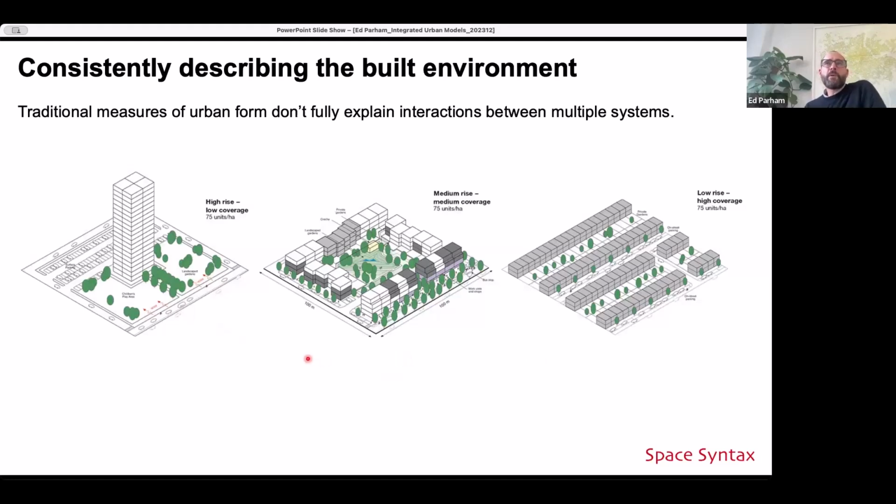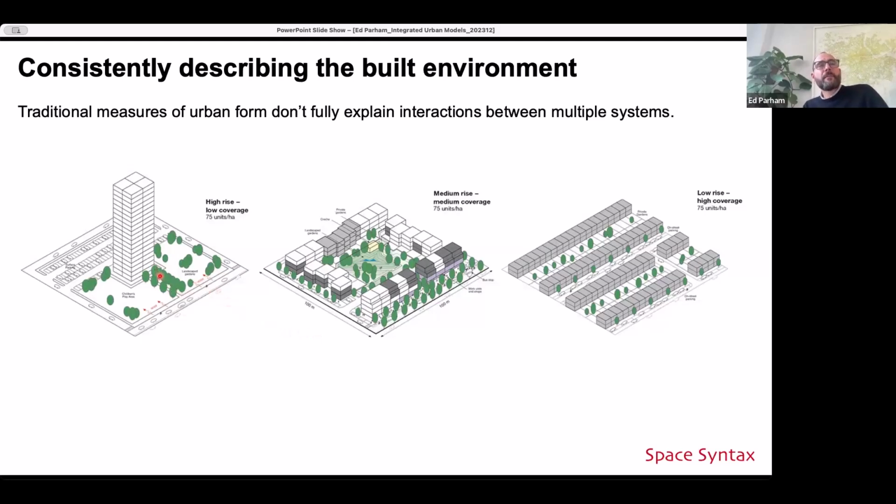Now, the point that I'm trying to make in this slide is that if you think about the systems that you can change in a city, you have the street network, land use, density. These are the variables that you have as a designer. And what is really important is to be able to understand really precisely the way that all of these different systems combine at the same time.